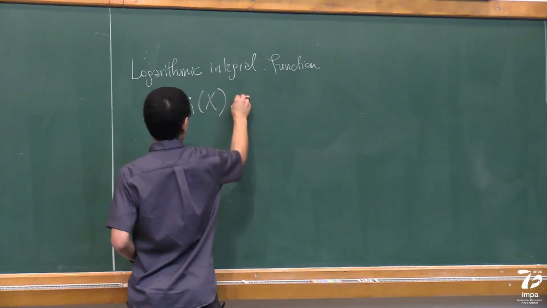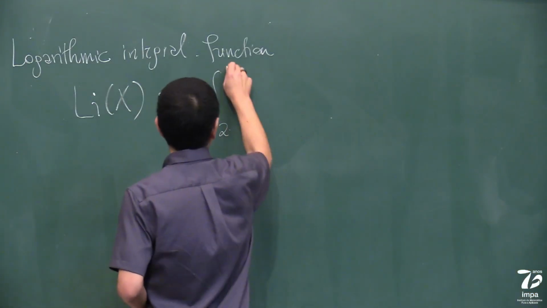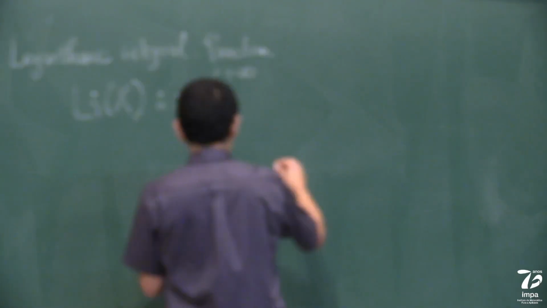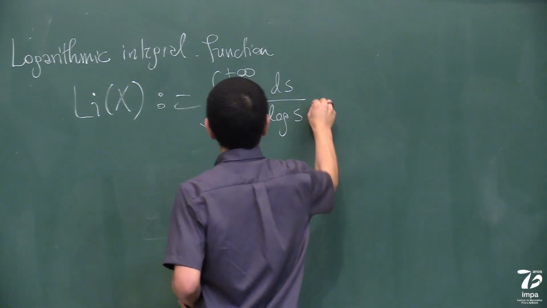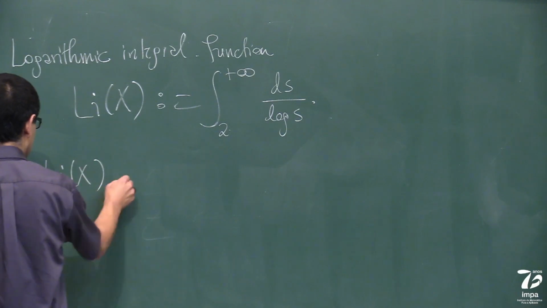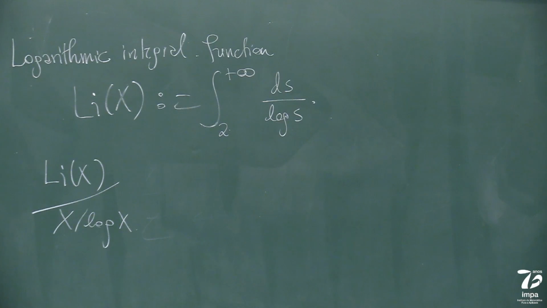This function Li is the integral from 2 to infinity of dt over log t. And so it has the same asymptotics as x over log x. So we could replace here x over log x by the logarithmic integral, and we have the same statement, but you can go slightly further.